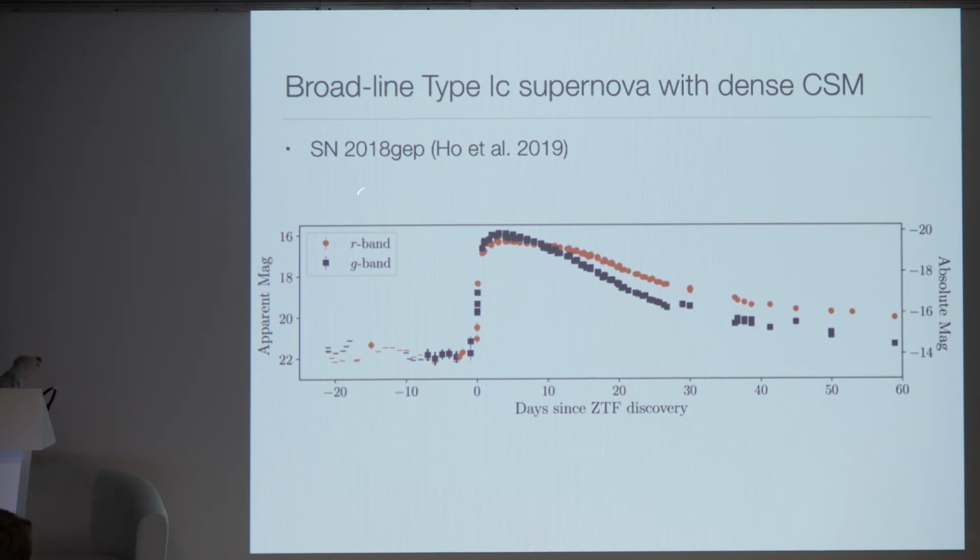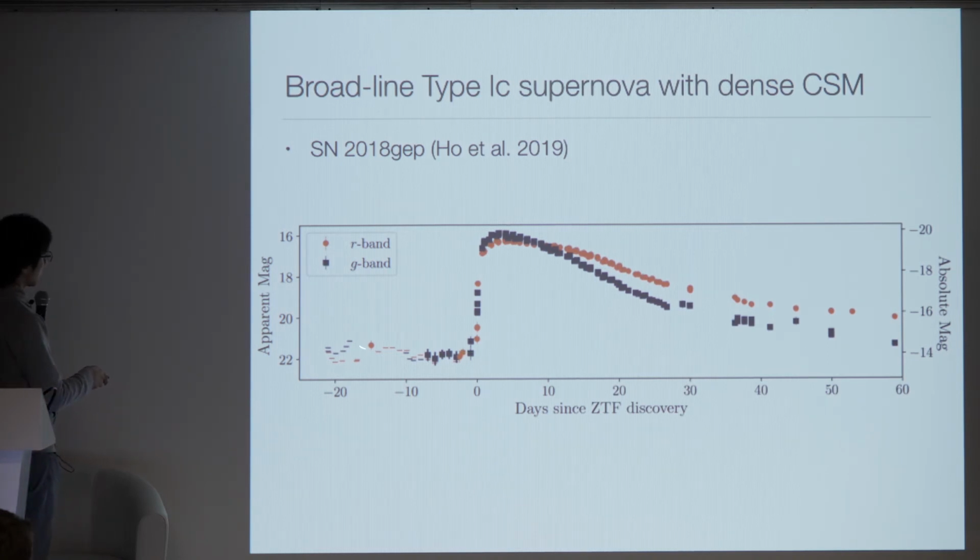So this supernova, a broadline type 1c, which has a lot of kinetic energy and the broad line component, exploded at some time, but they found this supernova was kind of bright even before this actual rise. So you had some luminosity increase from, let's say, 8 days before the explosion.